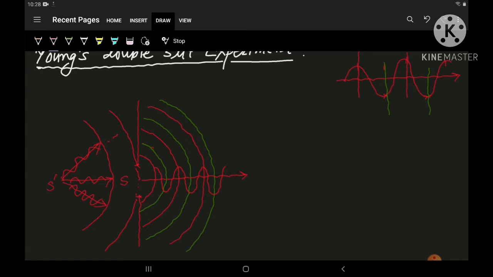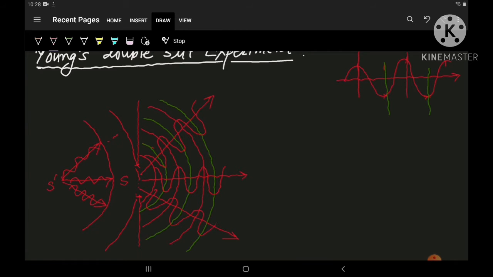Similarly, if we consider another wave moving along this direction and another wave moving along this direction, let us draw the waves corresponding to this wavefront. Then we will have crest, trough, crest, trough, crest, trough. In this way the wave will propagate. Similarly, crest, trough, crest, trough.